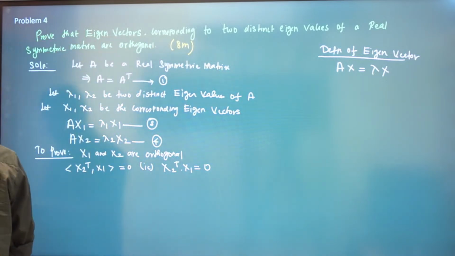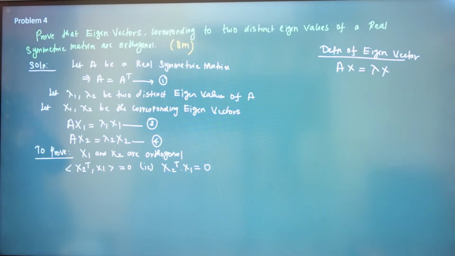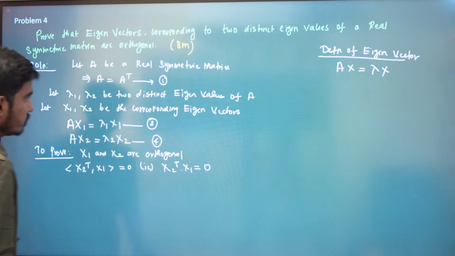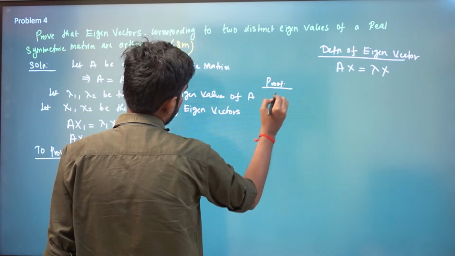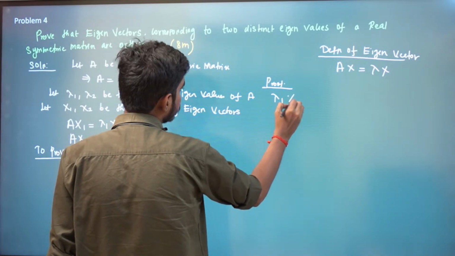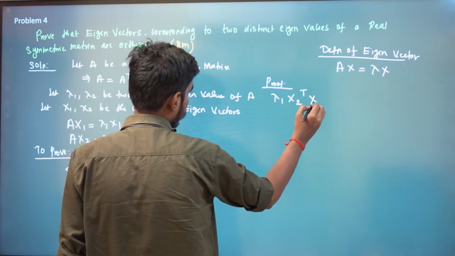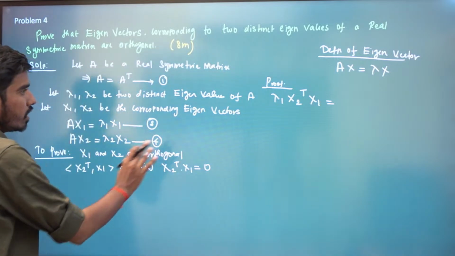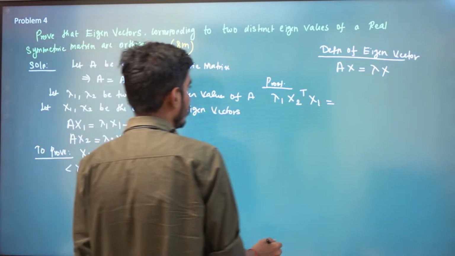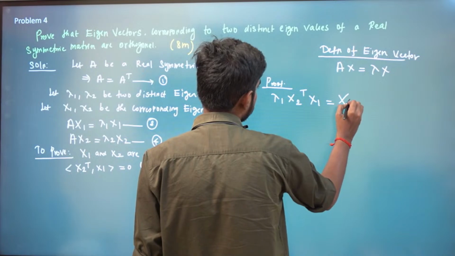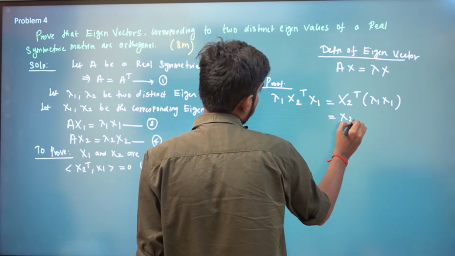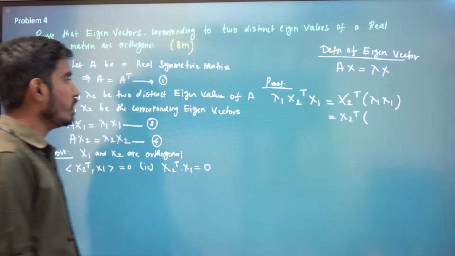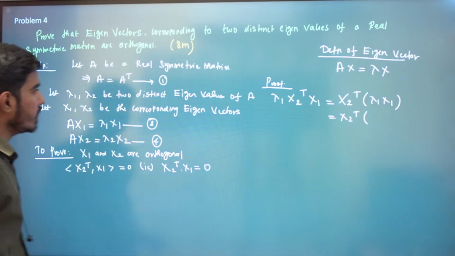So I'll start with lambda 1 times x2 transpose x1. Now, can I write this as x2 transpose into lambda 1 x1? This is x2 transpose. Now, can I write lambda 1 x1 as Ax1?